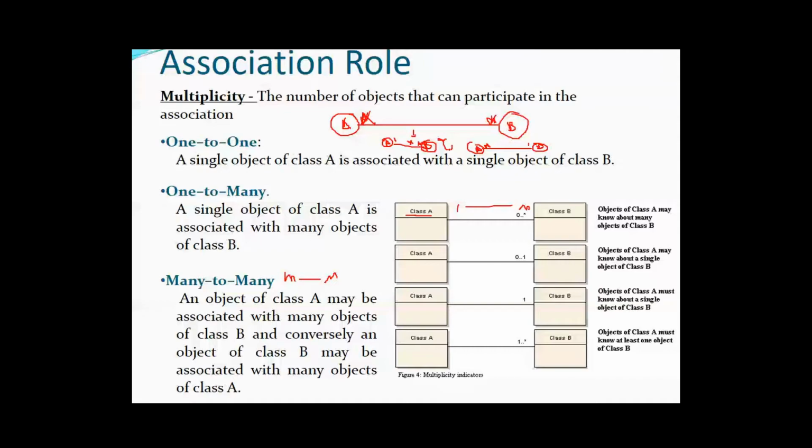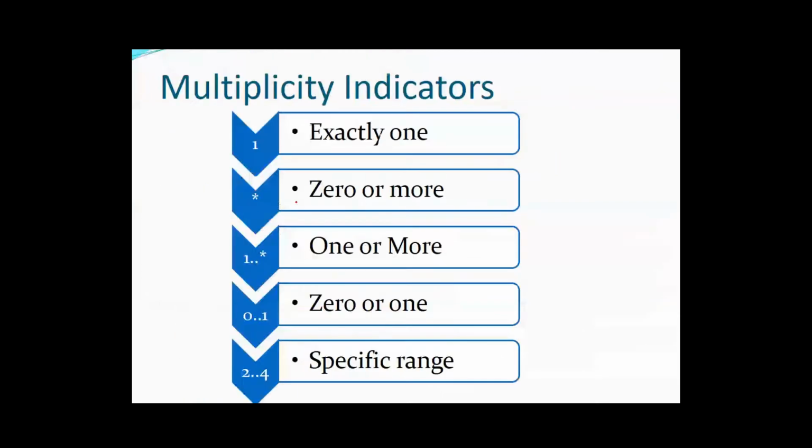Remember that multiplicity means the number of objects that participate in the association in the diagram. So for the multiplicity indicator, exactly 1: say A is associated with B, and you put exactly 1. For zero or more, we put 0..*.